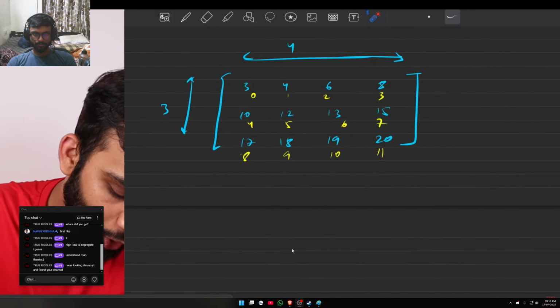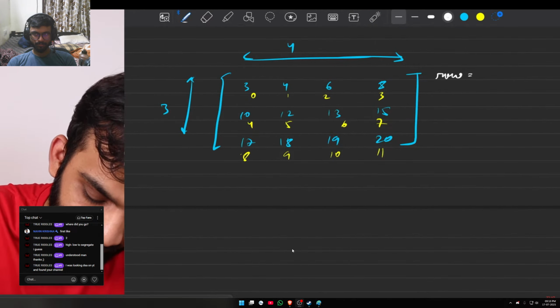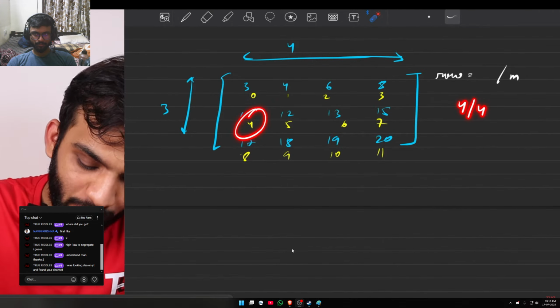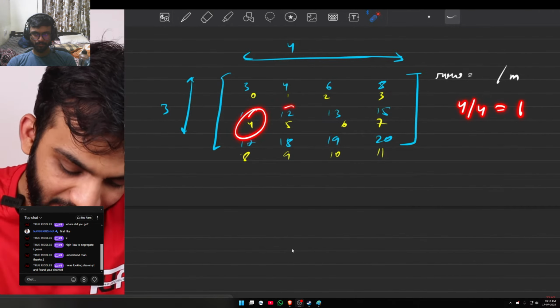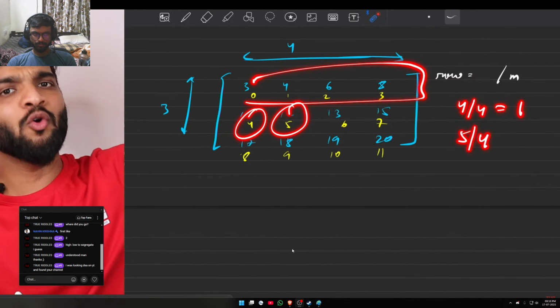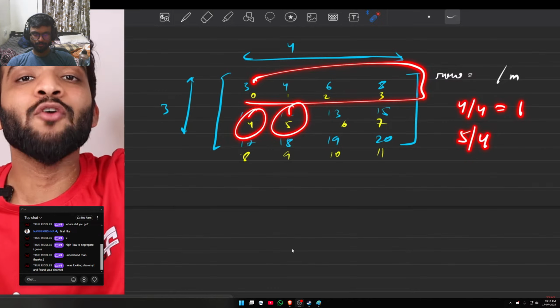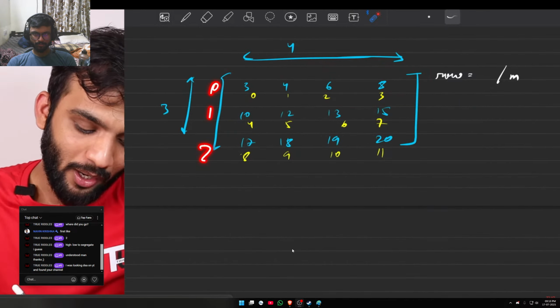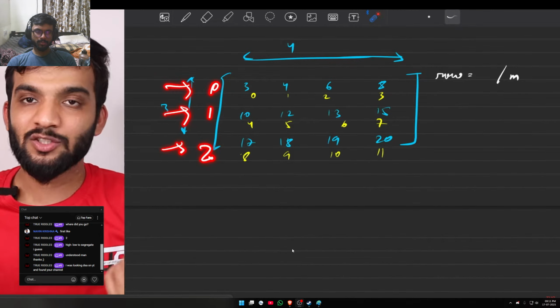Thereby, in order to get the row, you divide by m. Because if it's 4, you do 4 by 4 and you get the row number 1. If it's 5, you do 5 by 4 because 4 elements have gone by. How many 4s have gone by will determine which row number it is. Got it? That's why divided by m.